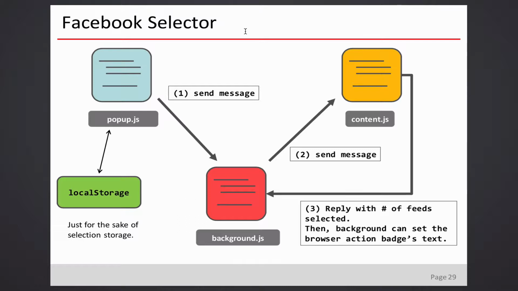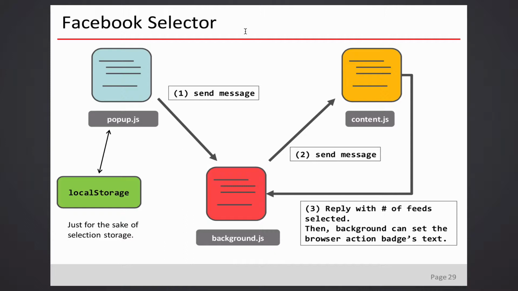Local storage is attached to the PopUp HTML or PopUp.js. It's attached to the PopUp world, which is kind of volatile. Now when I load the volatile page, I want to save it somewhere permanent, so I establish a linkage to the local storage.